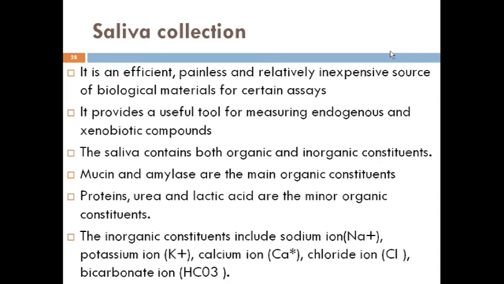Organics are proteins, urea, lactic acid, and inorganics are sodium, potassium, calcium, chlorides, bicarbonates. Many enzymes are also in the saliva, like amylase. So amylase and mucin are the main organic constituents.